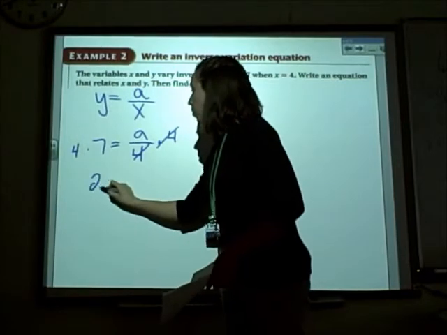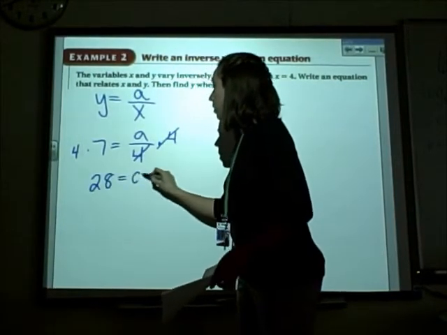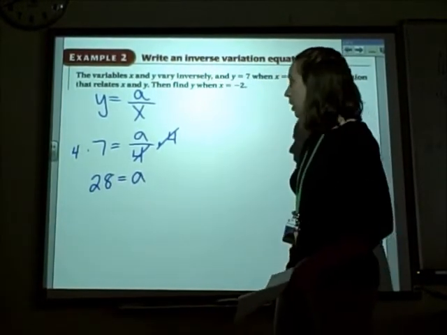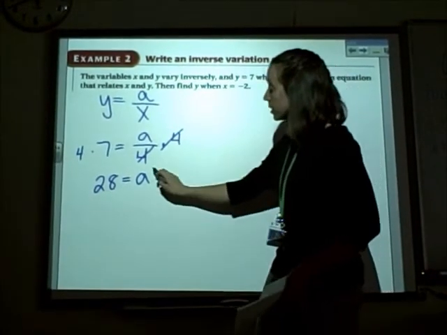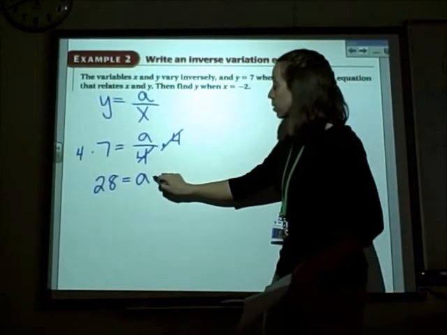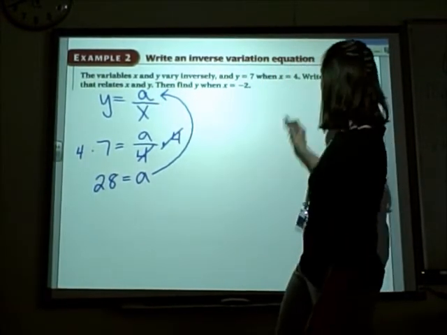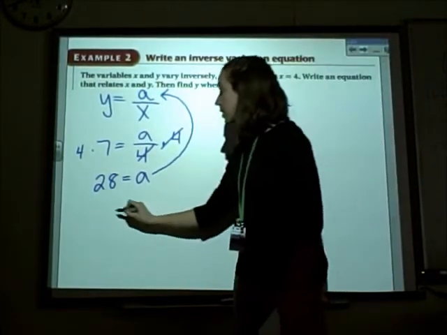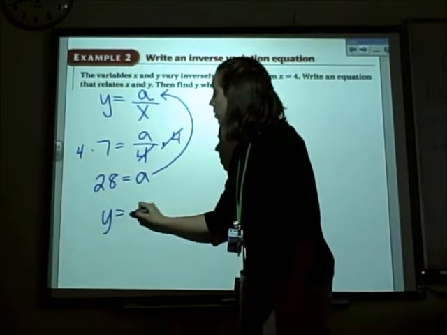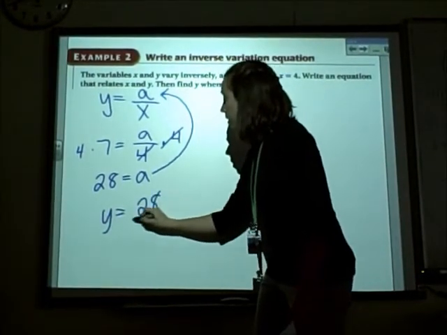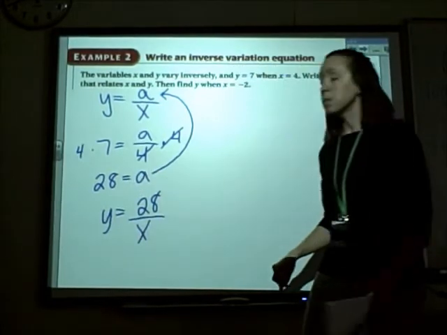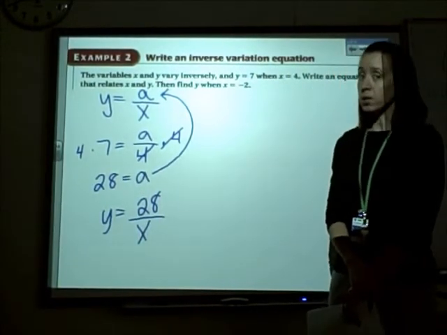I am left with 28 equals A. Okay? So now we're going to take that constant of variation and put it back into my equation, because they wanted me to write an equation that relates x and y. So I'm going to say y equals 28 over x. That's my inverse variation equation.